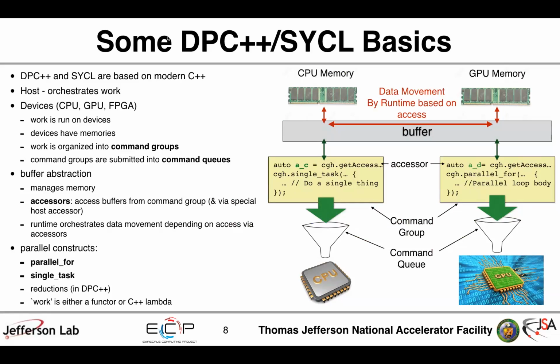So that's the model. Key concepts are things like command groups, command queues, accessors, and parallel constructs called parallel for or single task. I also think I may have made a slight typo where I get the accessors. The CGH is actually the argument of the getAccess function, and I think instead of CGH, I should have the buffer name.